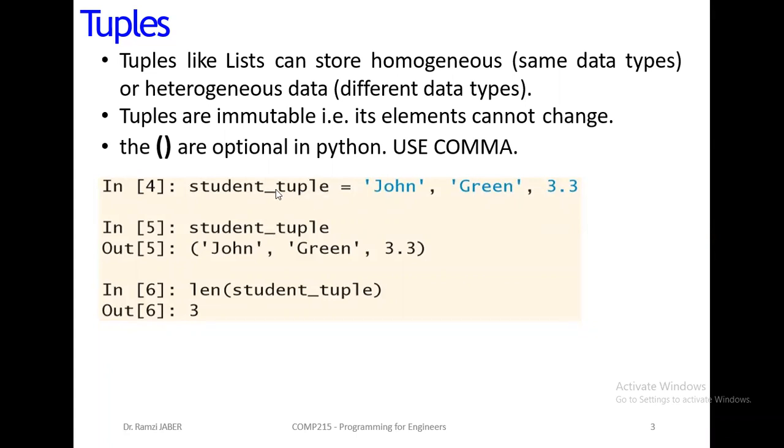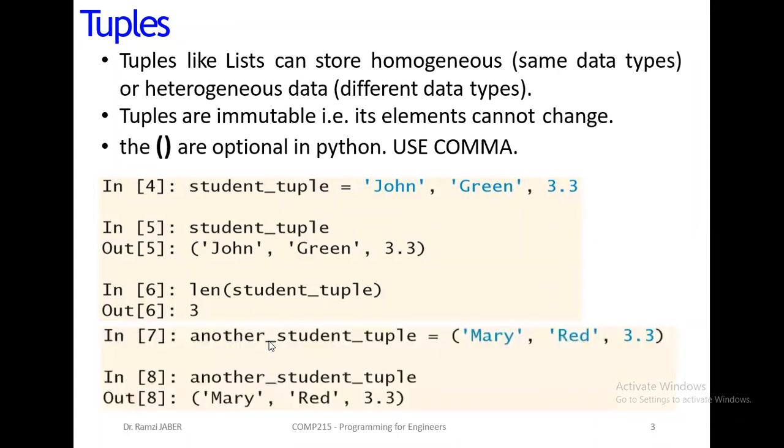So this variable equals one string, comma, anything, which means this variable is a tuple. The length of the tuple is 3. Or another student tuple, if I want to put parentheses, I prefer to put them, of course. Put parentheses, and you can put the elements.